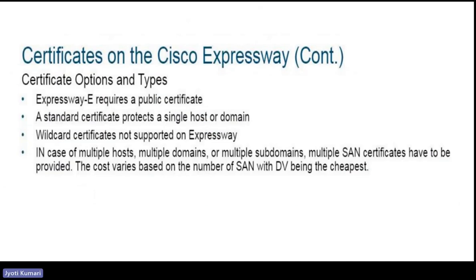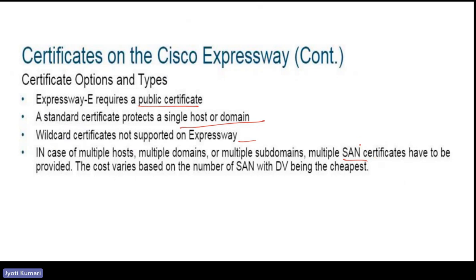Then for certificate options and types on Expressway, Expressway E requires a public certificate. A standard certificate protects a single host or a domain. Wildcard certificates are not supported on Expressway out of the different types of certificates available. In case of multiple hosts, multiple domains, or multiple subdomains, multiple SAN certificates have to be provided.